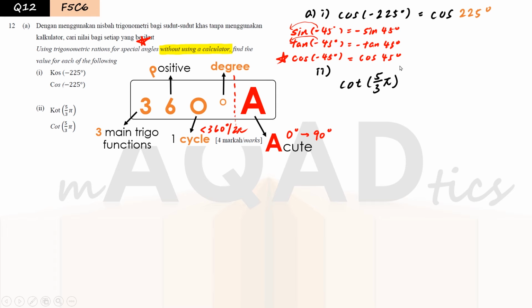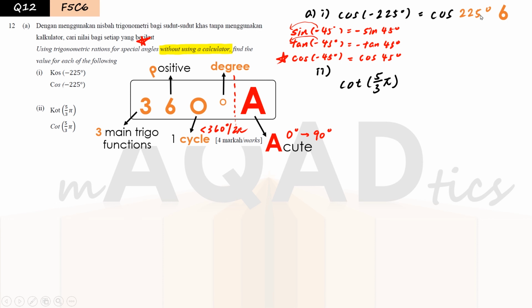The angle here is positive already, so we have satisfied the second criteria, which is to ensure the angle must be positive. Then we can go to the third criteria, which is that it must be one cycle or less than 360 degrees, which our angle here already is.